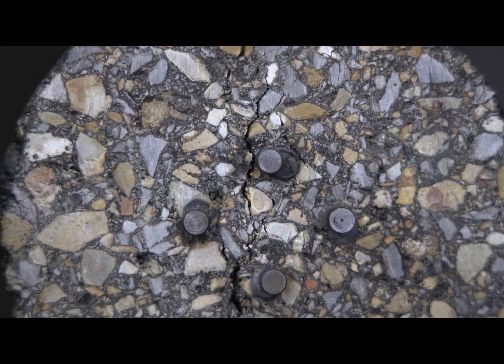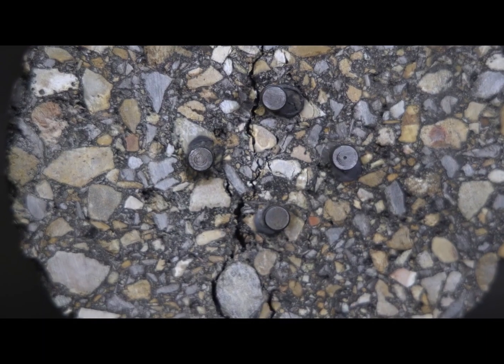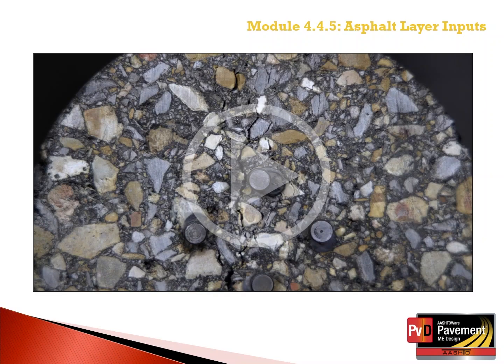This video illustrates the crack occurring at an intermediate test temperature, so you can see the crack occurring along the diametral axis. At the higher test temperature, the crack will typically propagate around the larger aggregate particles.